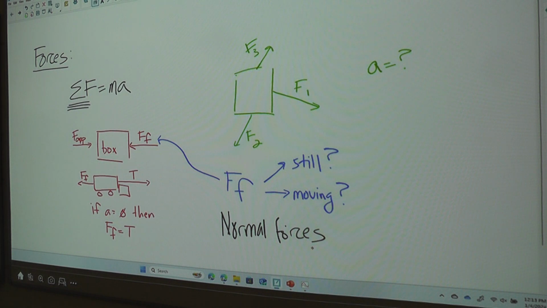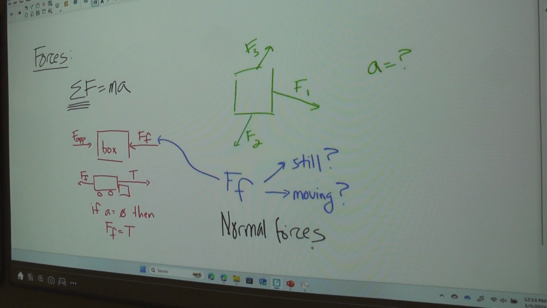So if we look at this object right here, it's got a normal force acting on it from the ramp. The ramp is pushing up on this block, straight up, because the ramp is pretty level. If I tilt the ramp, the normal force tilts. The normal force is always perpendicular to the surface.